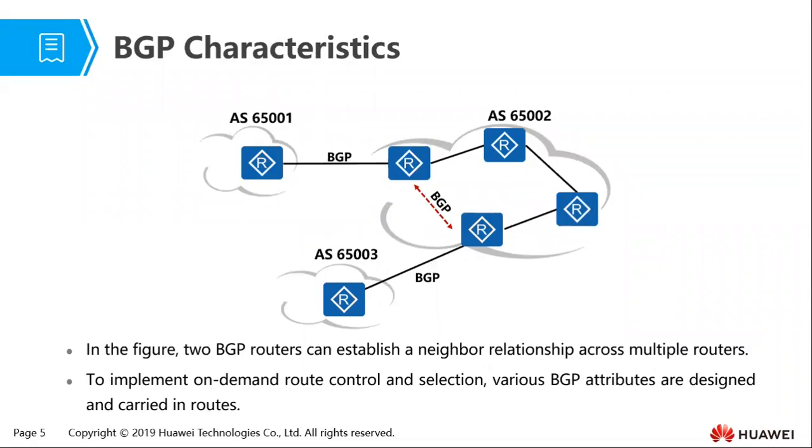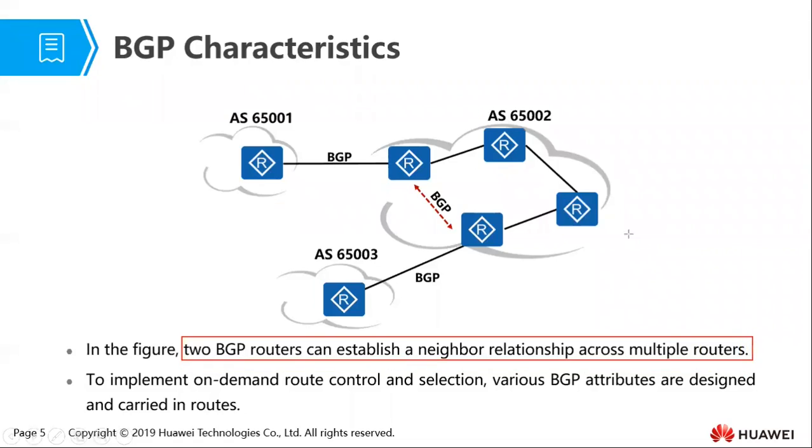Okay, so now let's look at the BGP characteristics. So in the figure, 2 BGP routers can establish neighbor relationships across multiple routers. Now, as we are going to see, BGP establishes connections using TCP.